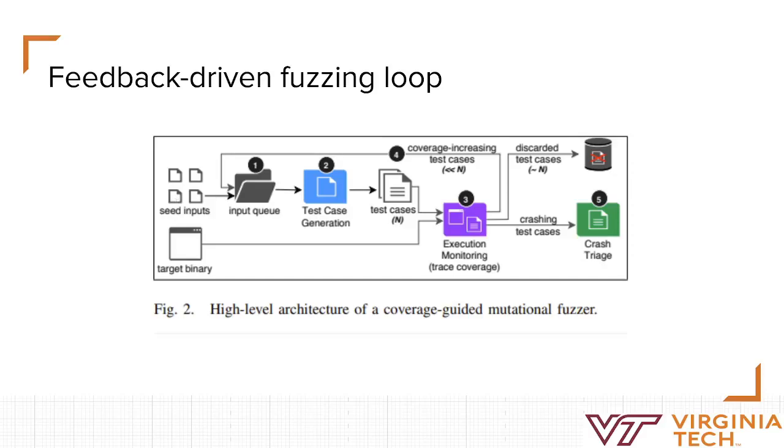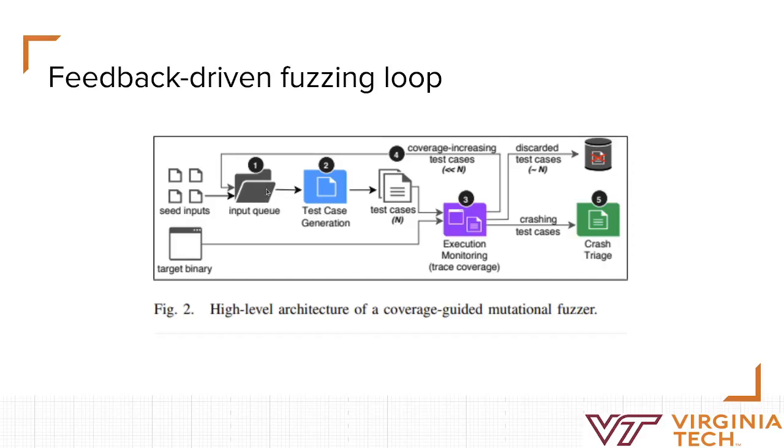This group of seed inputs might contain some potentially interesting edge cases, like maybe one of them is just 1x1 pixel, maybe one of them has a weird odd resolution, maybe one of them is in grayscale or something like that. But they're all valid PNG files. And then those get fed into what's called the input queue, which is used for test case generation.